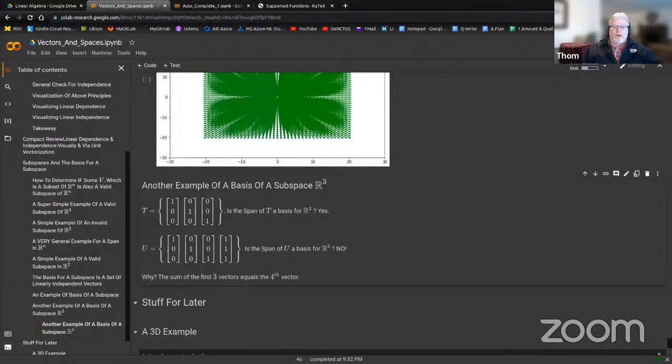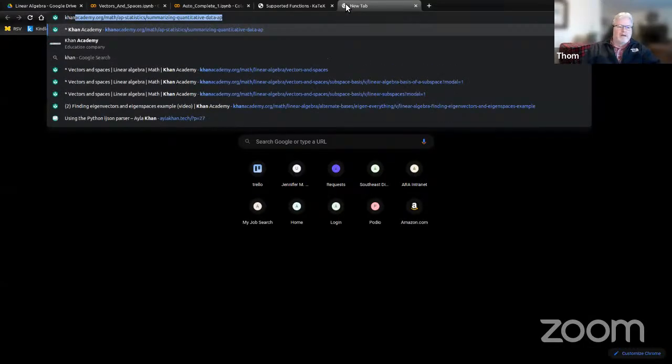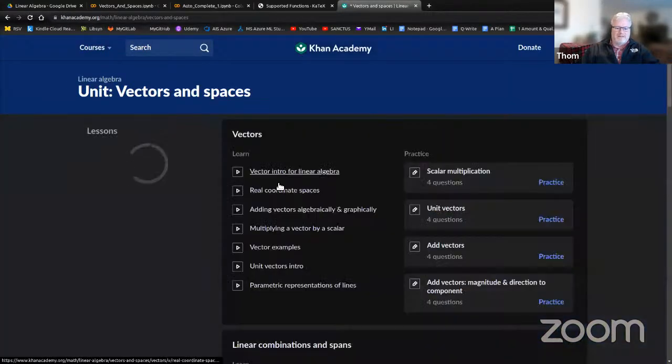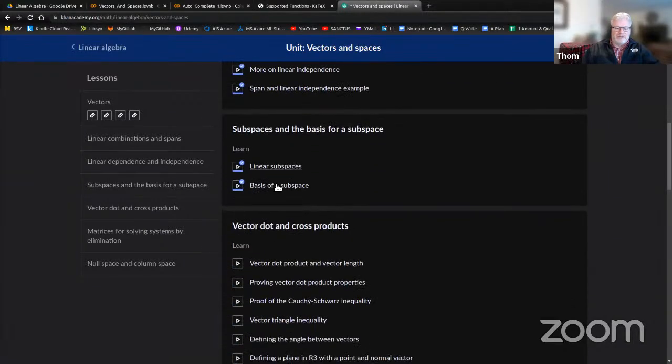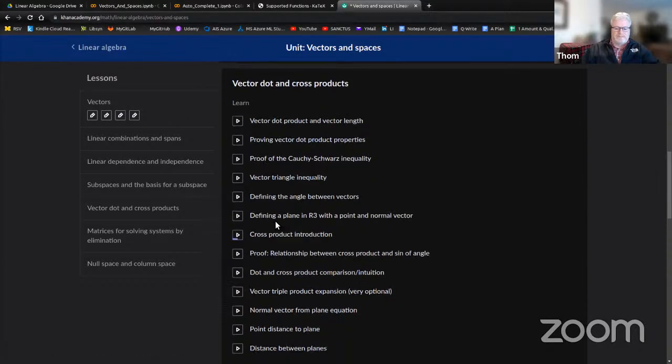Okay, what is going to be next? This stuff was important, but now we get into some really fun stuff. And the visualization tools we can use for it are fun too. So we're going to start getting into dot products and cross products of vectors.